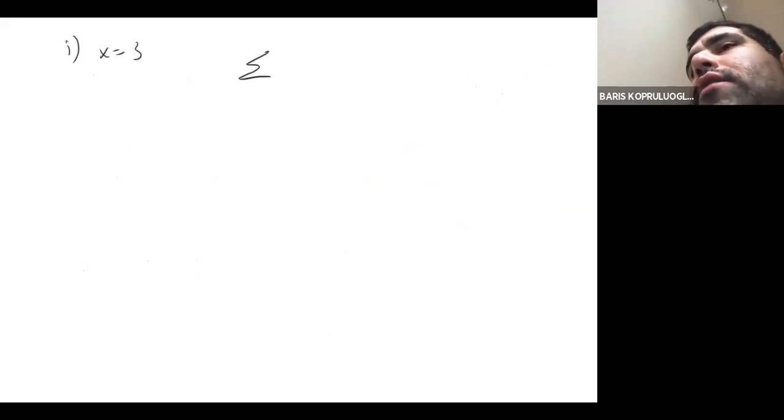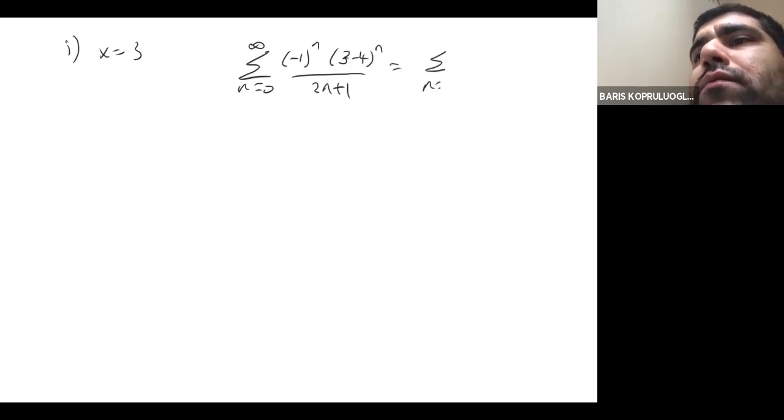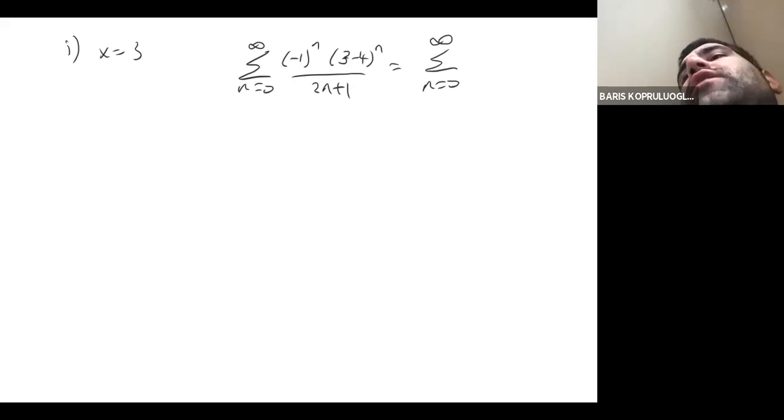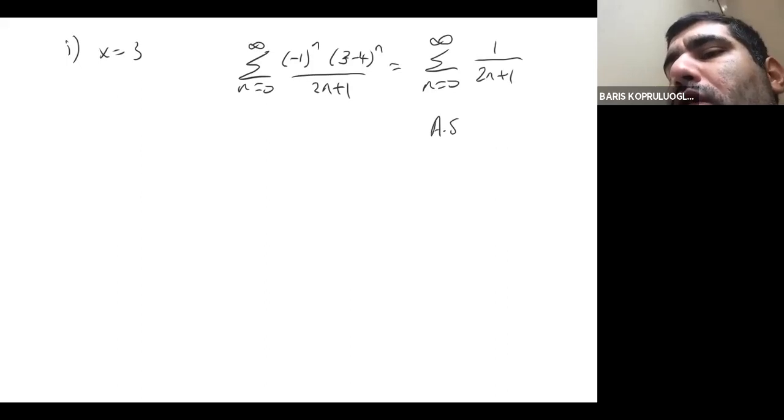When x is 3, I think this series becomes (-1)^n times (3-4), which is also (-1)^n, over 2n+1. So -1 times -1 is going to give you 1. You will pretty much have 1 over 2n+1. This is not alternating because it's 1.